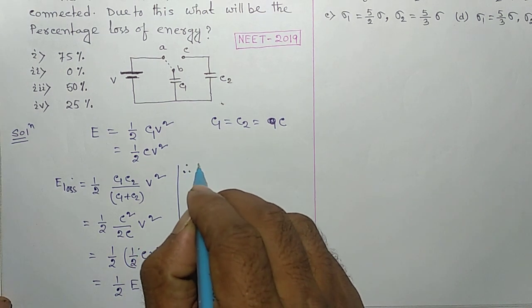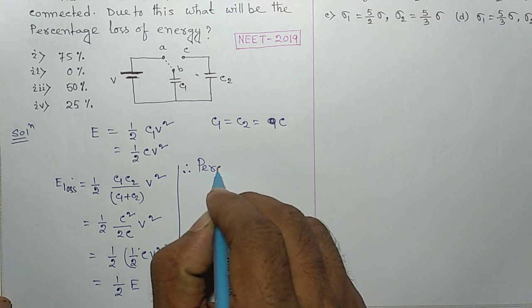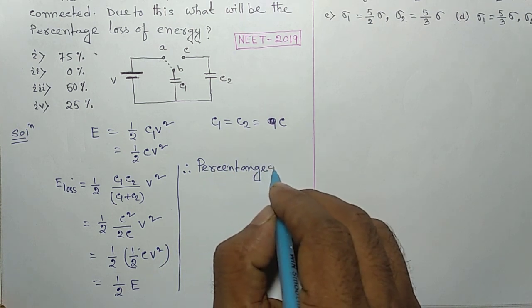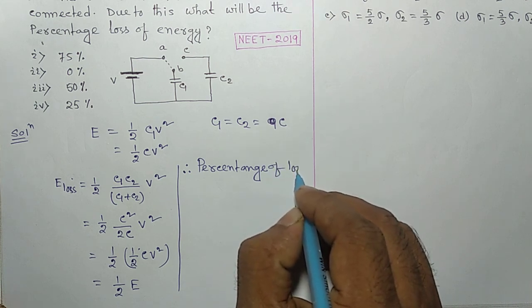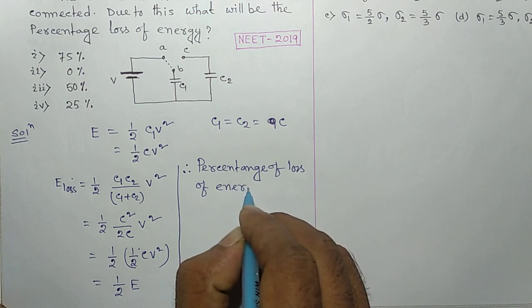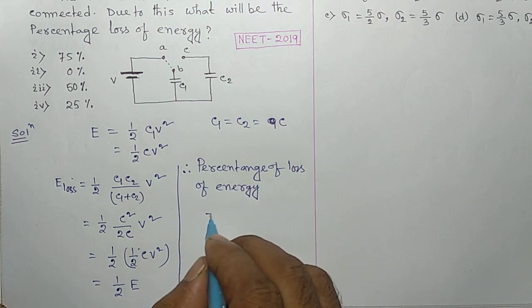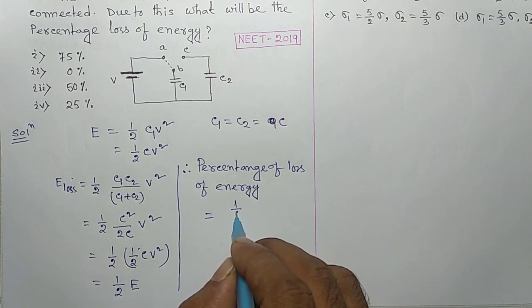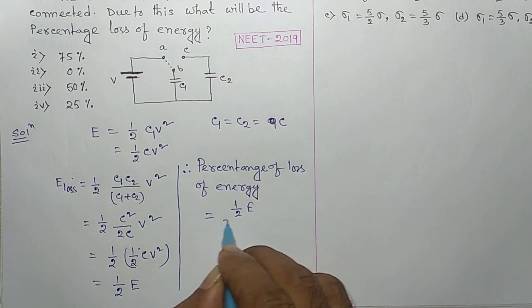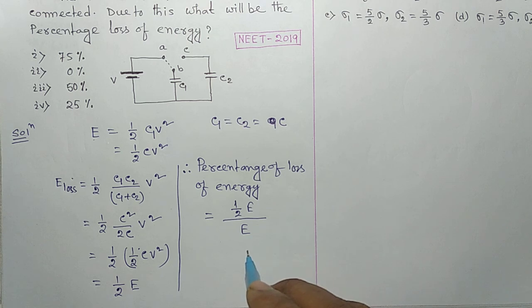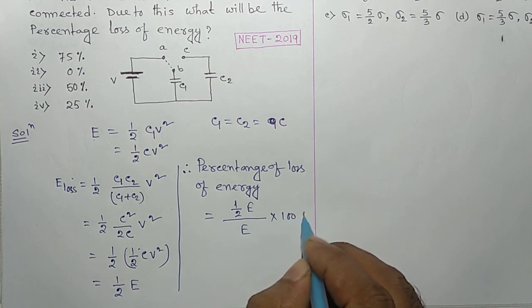Therefore, the percentage of loss of energy is equal to the lost energy, half E, divided by the initial energy, which is E, into 100%.